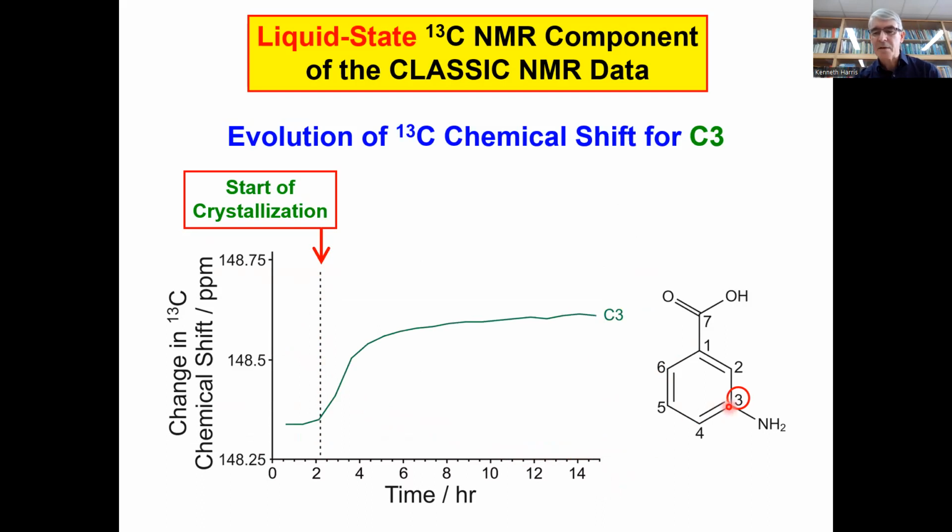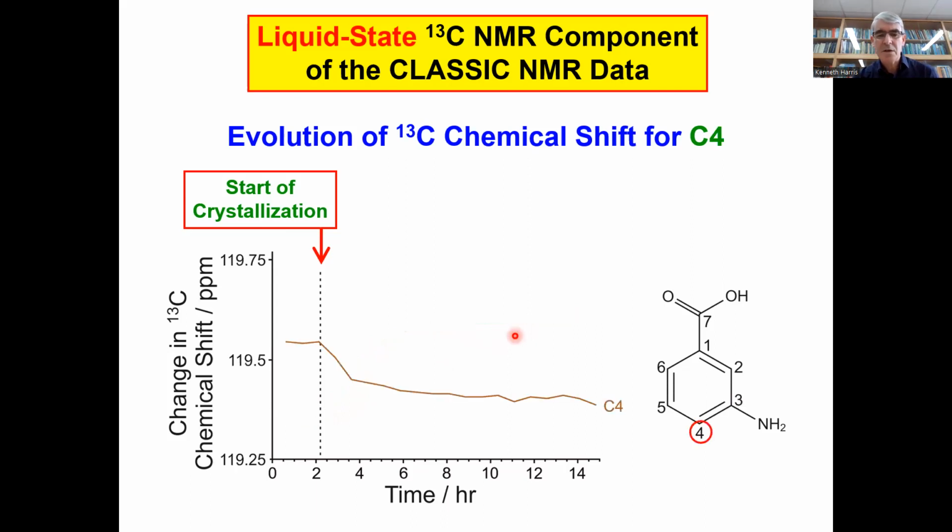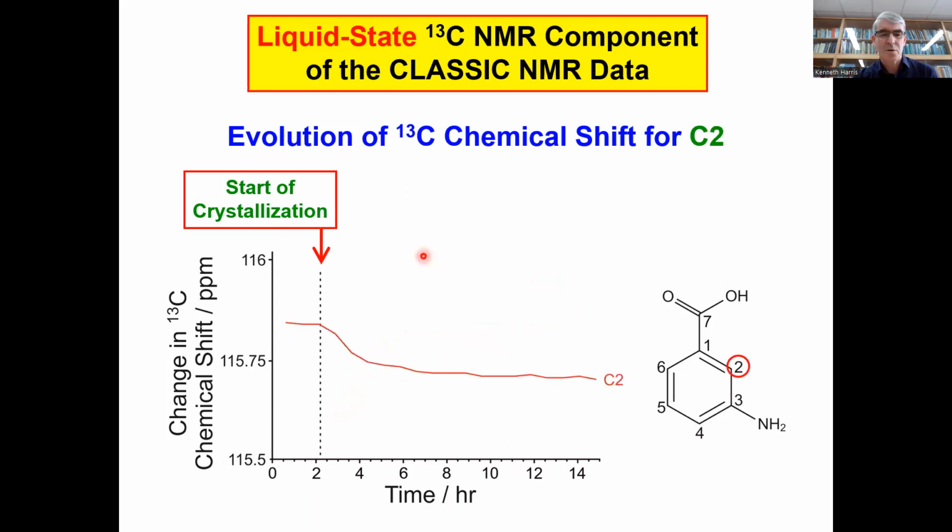Looking now at carbon 3, this one here. Again, no change for the first 2 hours, and then suddenly, at the moment when crystallization begins, we see an evolution of this chemical shift to higher value during the crystallization process. And indeed, each of the carbon environments shows no change in the first 2 hours and then evolves in a very well-defined way, and indeed at the same rate for each of these environments, as shown there.